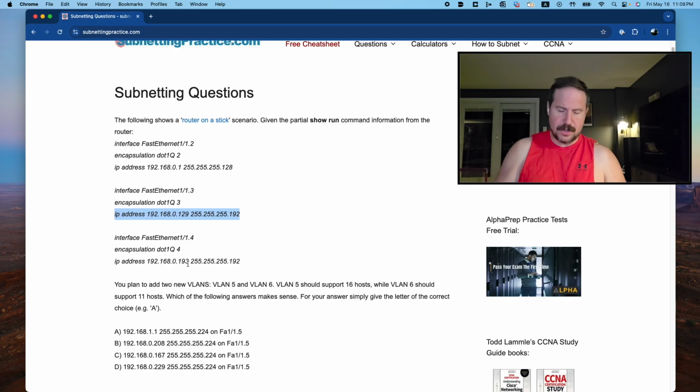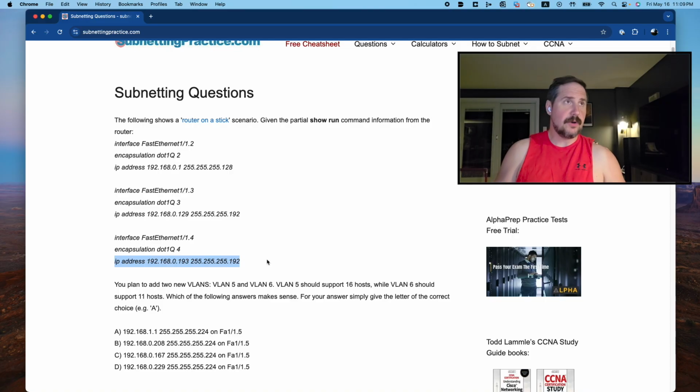I'm looking at this fourth one here. We've got a 192 subnet mask, which is a 64 size block of space available. And the range is 192 plus 64. That's going to be 256.